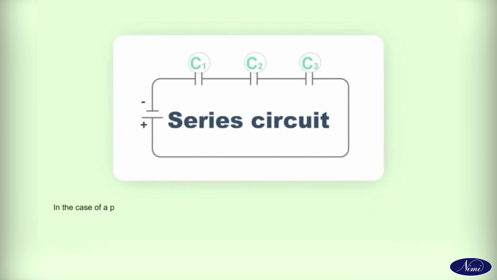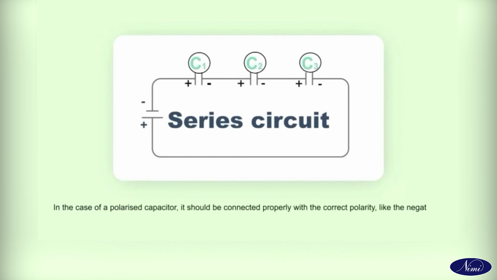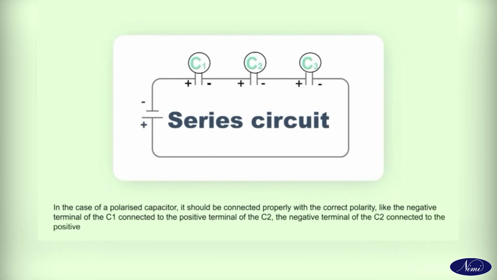In the case of a polarized capacitor, it should be connected with correct polarity, like the negative terminal of C1 connected to the positive terminal of C2, the negative terminal of C2 connected to the positive terminal of C3, and so on.